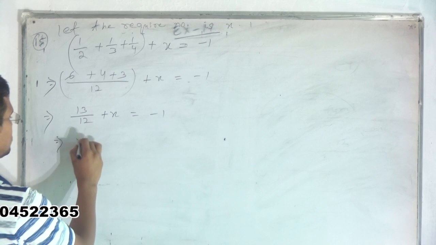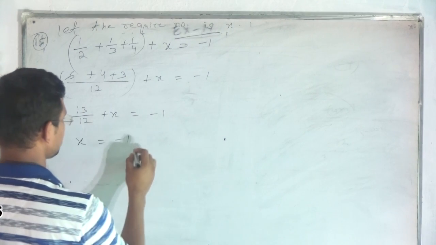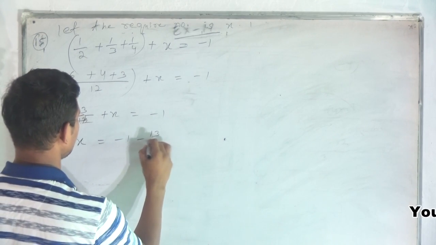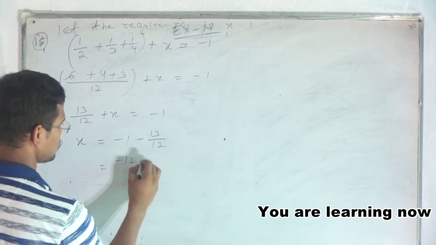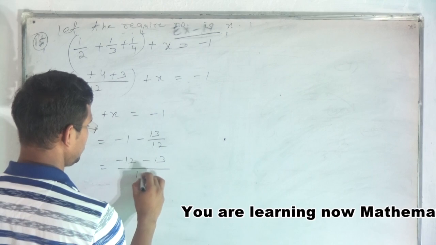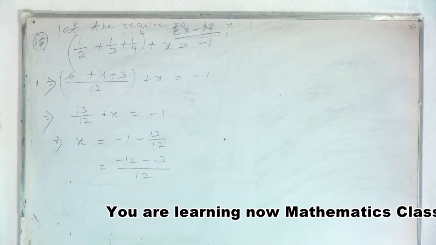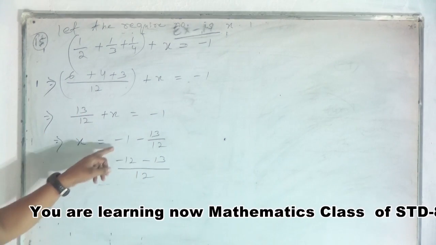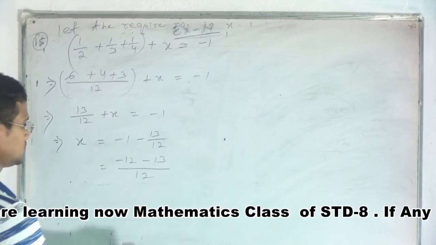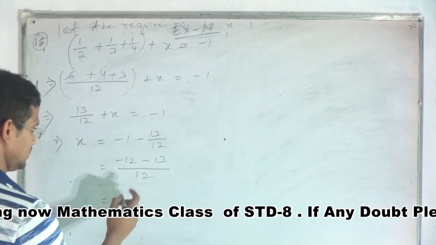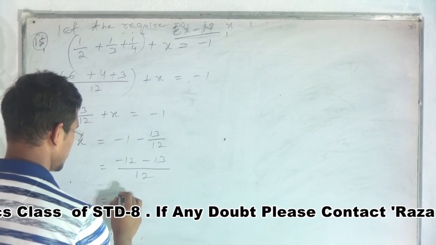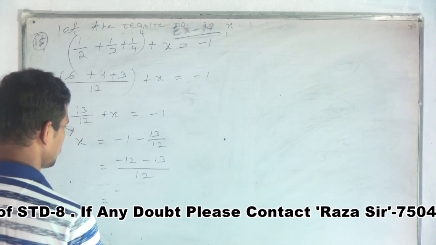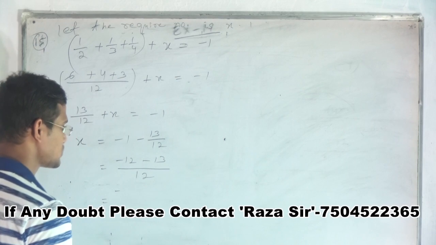That means x is equal to minus 1 minus 13 by 12. Then you simplify it: minus 12 minus 13 divided by 12, minus 1 is also minus 1 by 1. You take the LCM of 1 and 12, then the LCM is 12. Minus 13, minus minus plus, take sign minus, because the larger number has the negative sign.